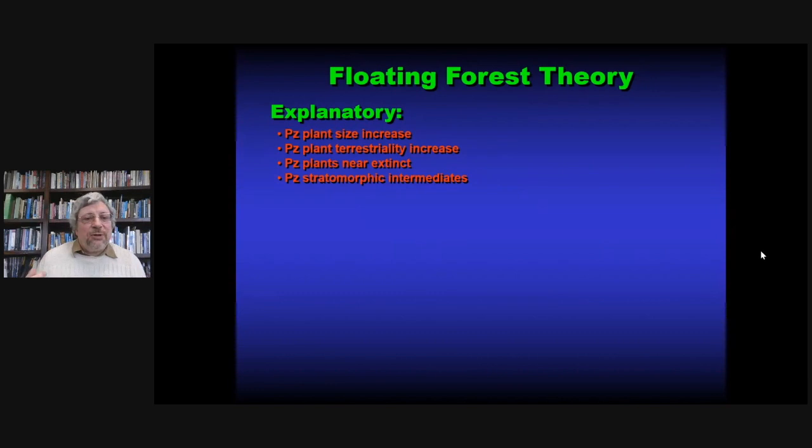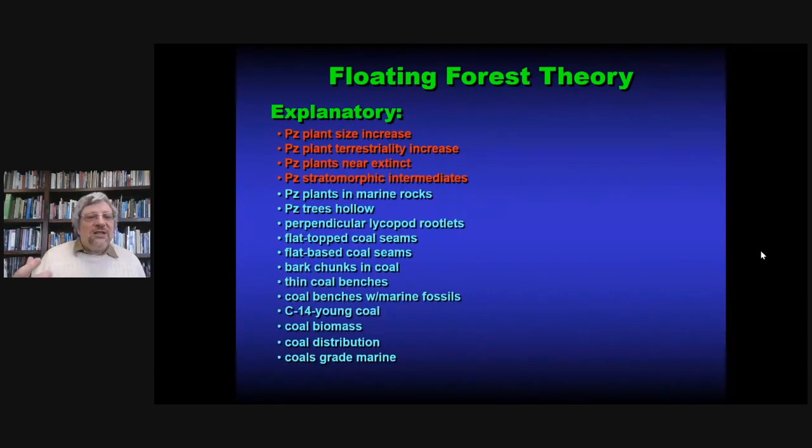It explains the increase in plant size, the increase in terrestriality, the fact that Paleozoic plants are near extinct, the intermediates of these animals along the edge of the coals of the floating forest. It explains why we have these plants in marine rocks, why the Carboniferous trees are hollow, why we have the perpendicular rootlets, why we have flat top, flat base coal seams, why we have coal made of bark and coal benches.